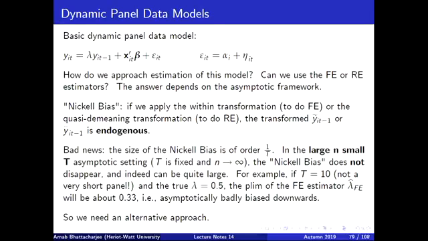Fixed effects doesn't work here. What was the other one? First differencing. Let us see whether first differencing works. Why might first differencing have a better chance of working a priori? What were the moment conditions for first differencing?